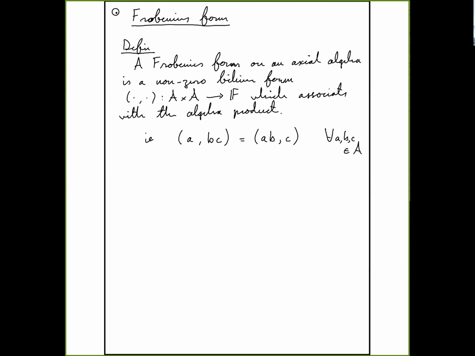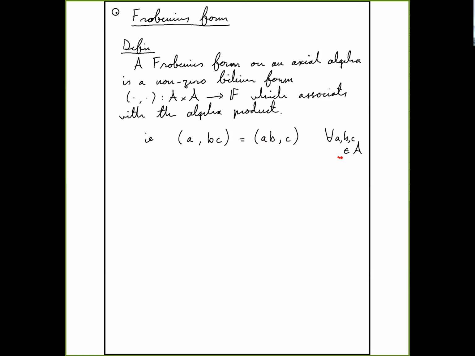Okay, so the Frobenius form. As I was saying last time, this is a non-zero bilinear form defined on the algebra. And the property is that it associates with the algebra product. That is, when we have the product b times c here, we can move this across the comma in the bilinear form and instead do a times b, comma c.